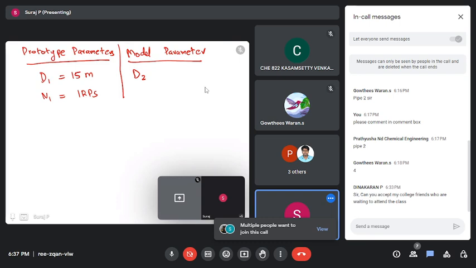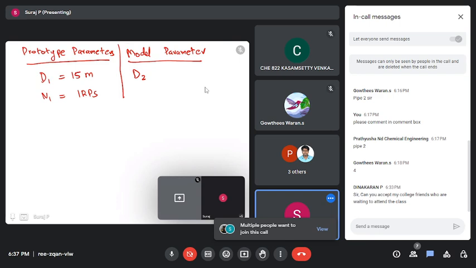So in this case, if we consider a flowing fluid, and if we consider point 1 in the prototype and point 2 in the model, then the ratio of velocity in the x-axis and y-axis at point 1, that is the prototype, should be equal to the ratio of velocity in the x-axis to y-axis for the model.